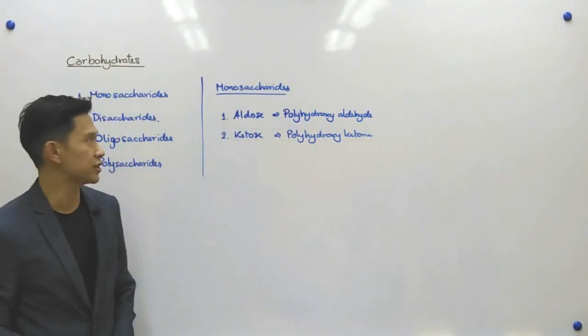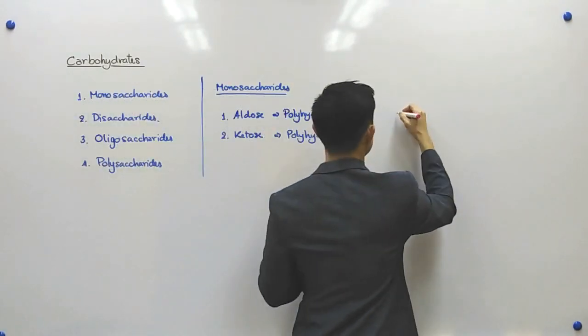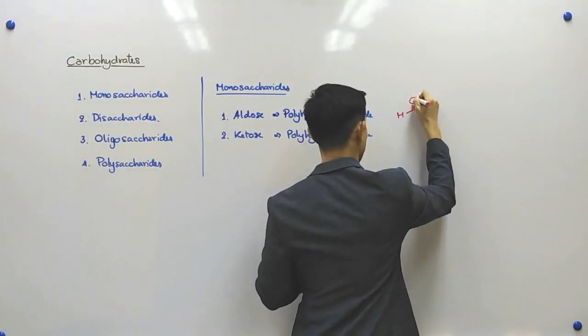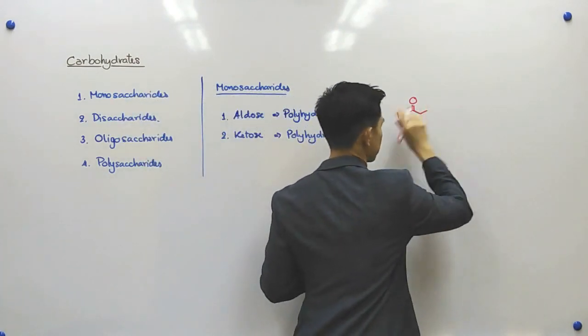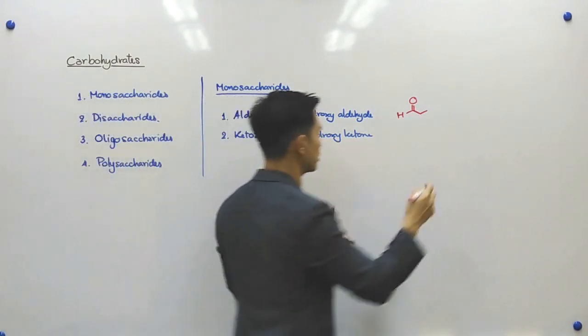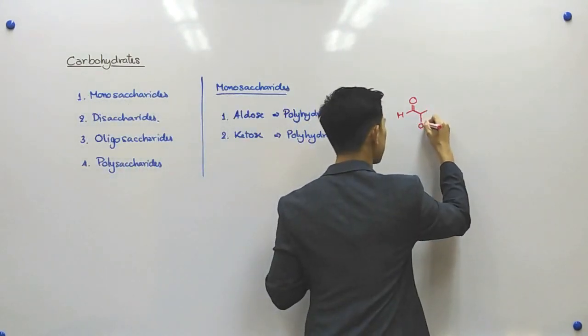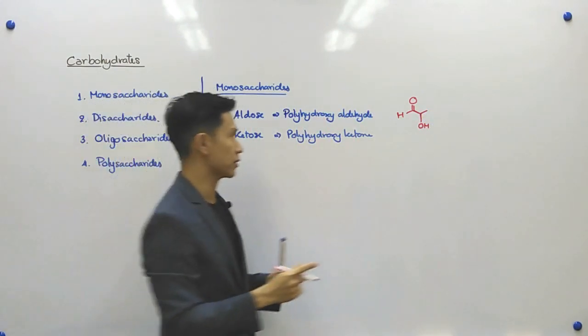So the structure is very simple. For polyhydroxyaldehyde, for example, you have an aldehyde unit like this, and then many carbons on the right as a tail. Almost every carbon, in basically conventional carbohydrates, contains one OH group, like this.